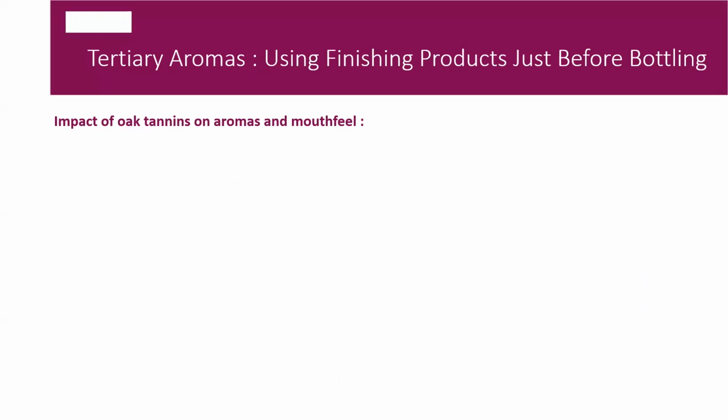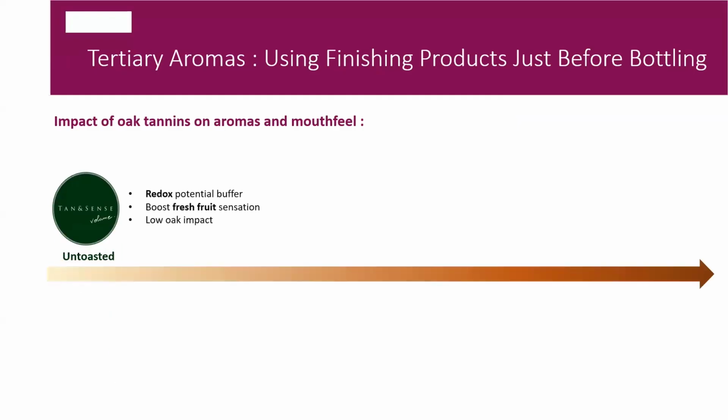For example, if you don't have time for barrel aging or using oak alternatives, using oak tannin will help to fine-tune your wine last minute, because this is something you can even add 1 day before the bottling. According to the toast of the oak, you will have different flavors and mouthfeel.